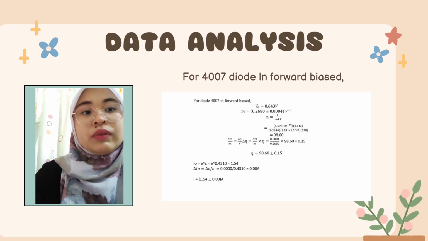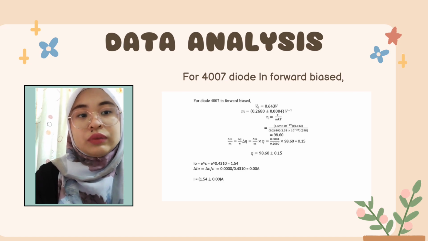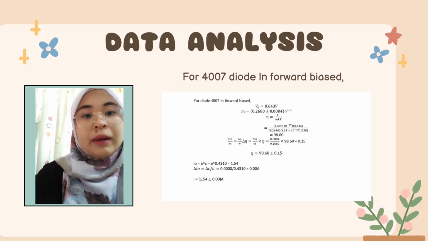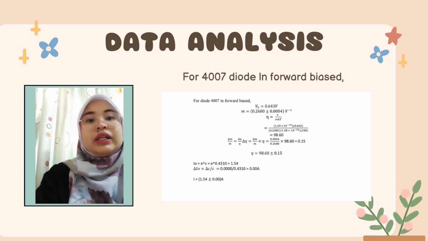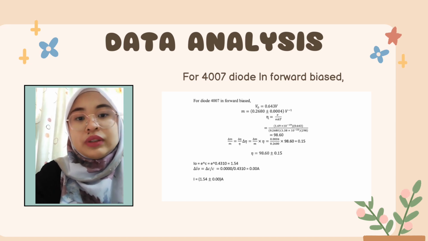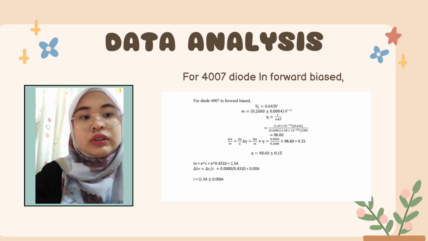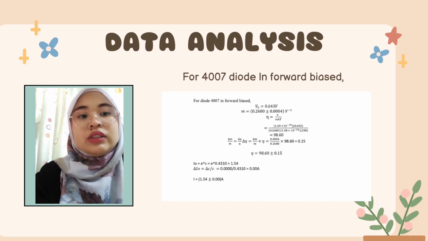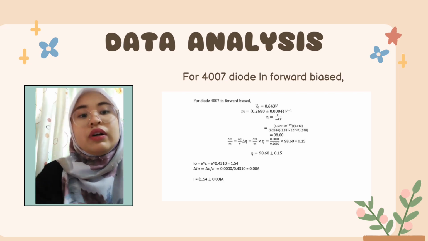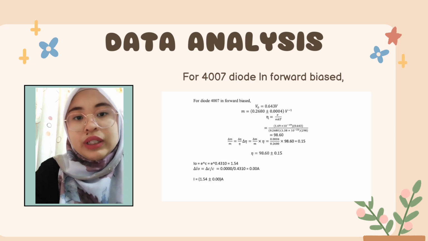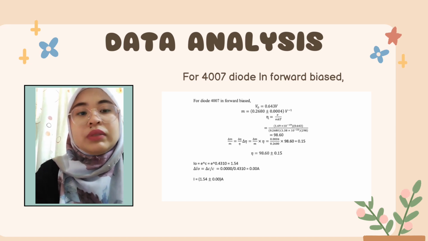We use 0.643 volt for the saturated voltage, and we substitute the gradient that we get from the experiment into the equation, and n equals 98.060 plus minus 0.515, and I equals 1.54 plus minus 0.008 A that we get from the equation.